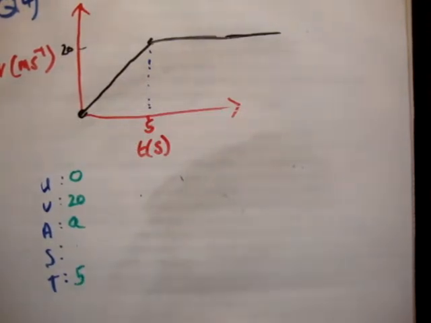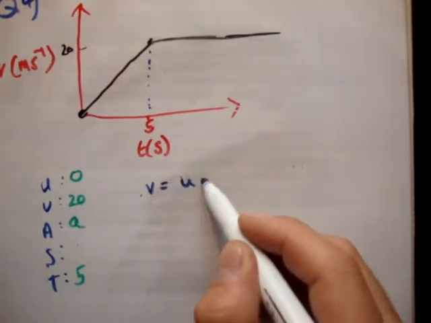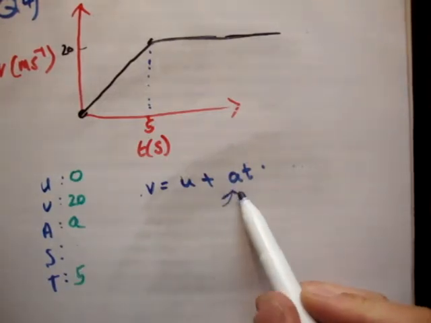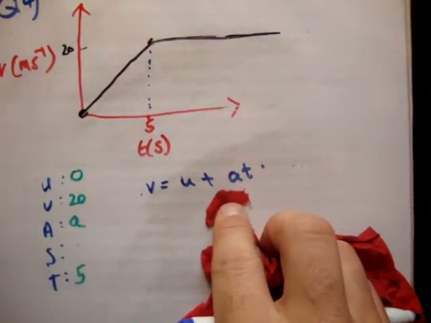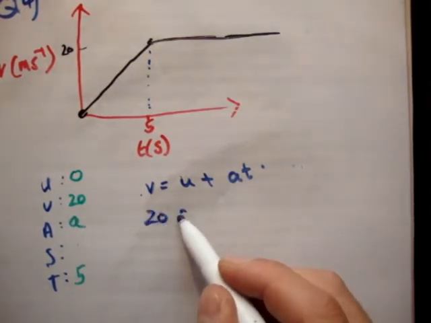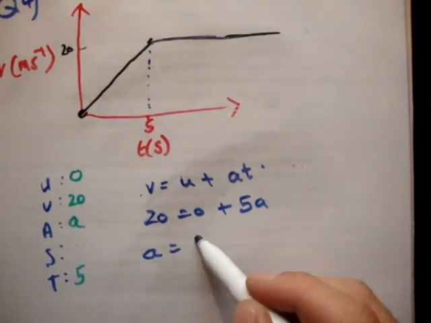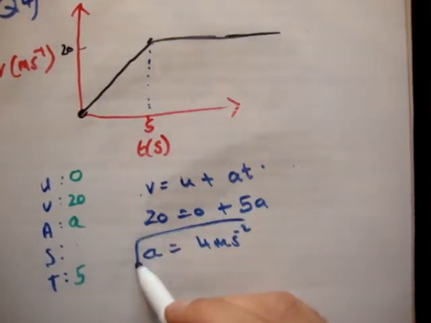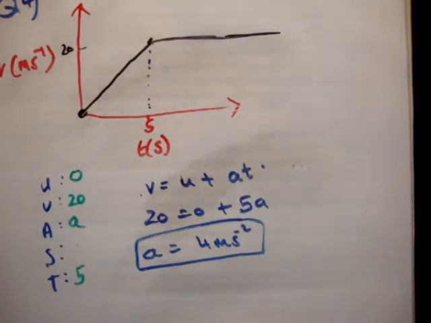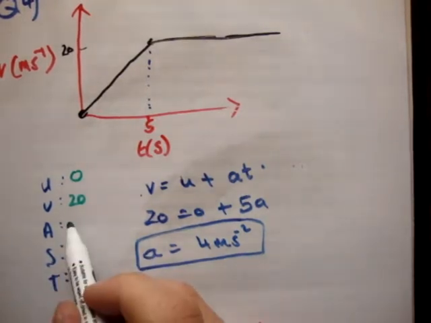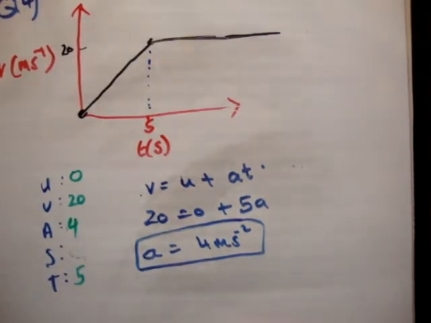So let's try v is equal to u plus at. In this case, the only unknown is the acceleration, and since there's only one unknown, we're okay. So 20 is equal to 0 plus 5a, therefore a is equal to 4 meters per second squared. That's pretty straightforward.